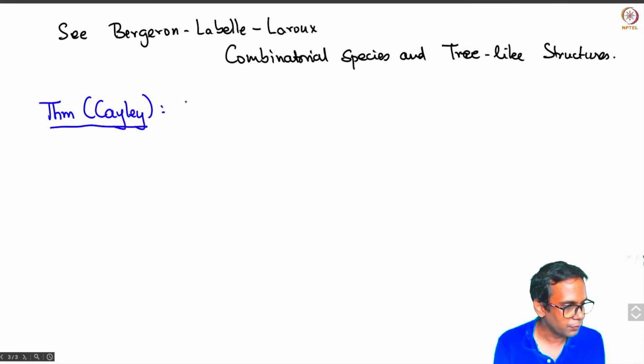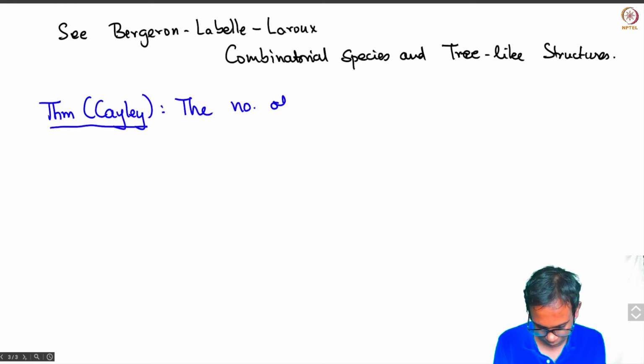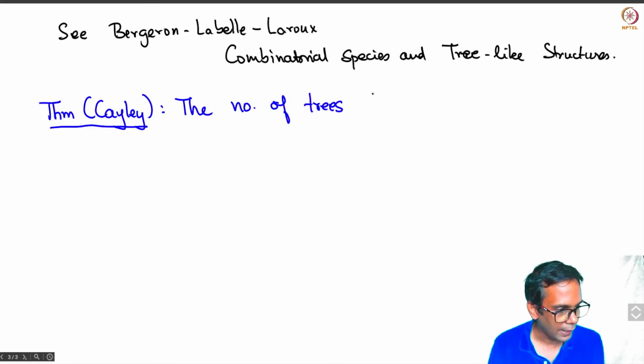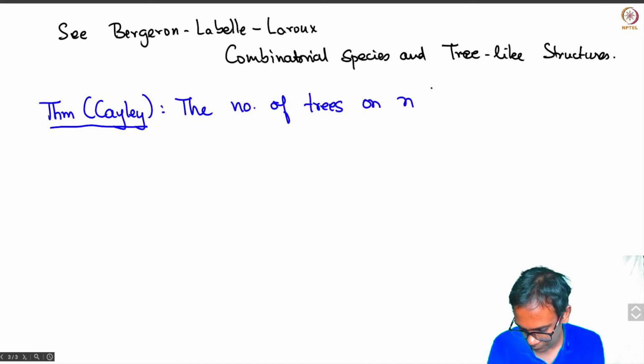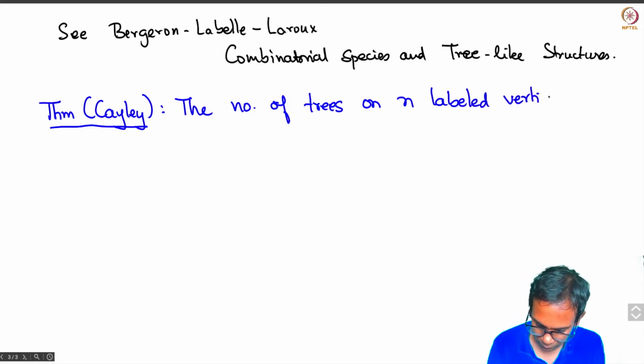The number of trees on n labeled vertices is n to the power n minus 2.